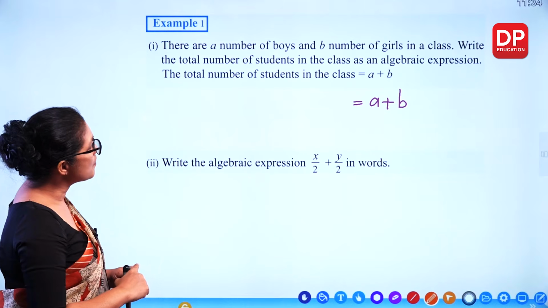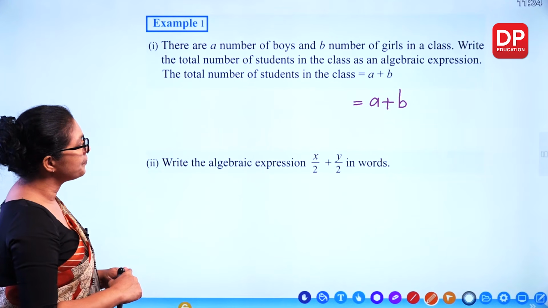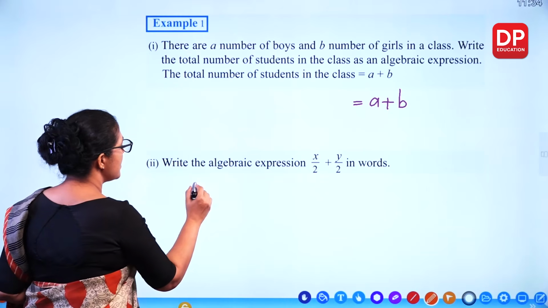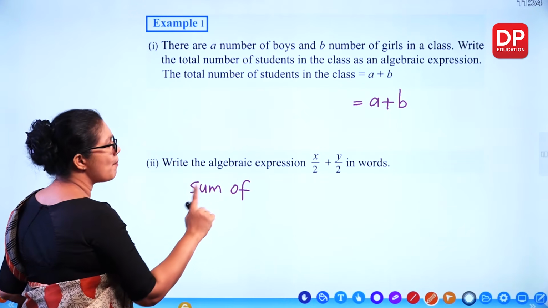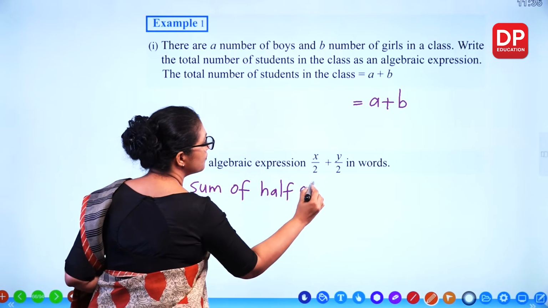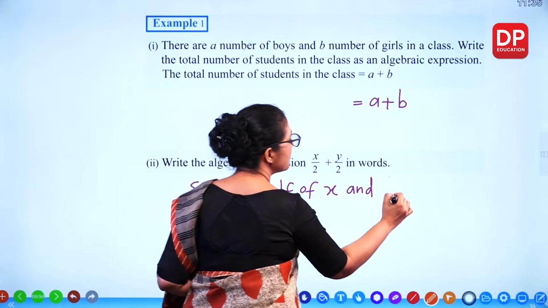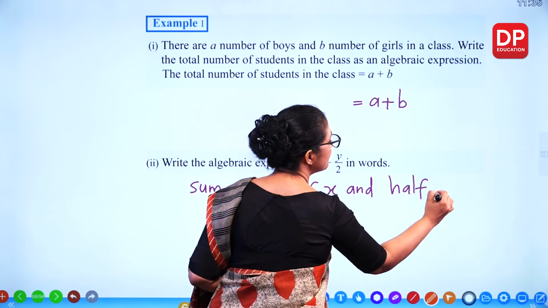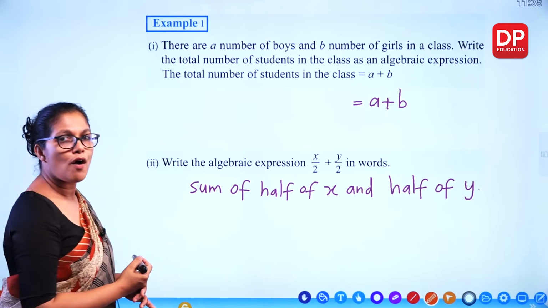Write the algebraic expression x over 2 plus y over 2 in words. We can write sum of half of x and half of y.